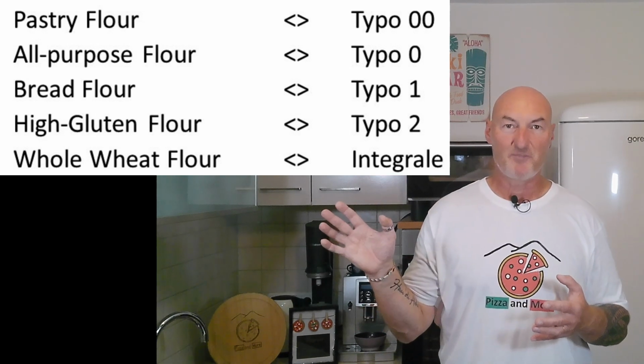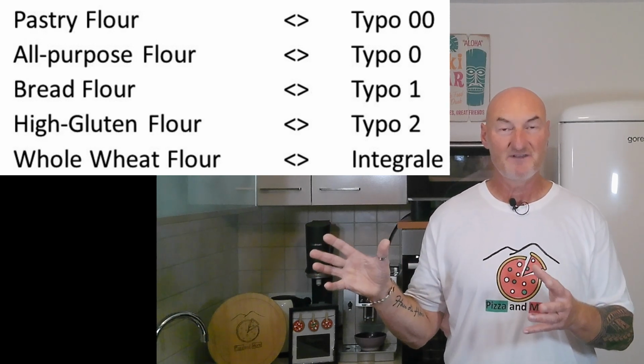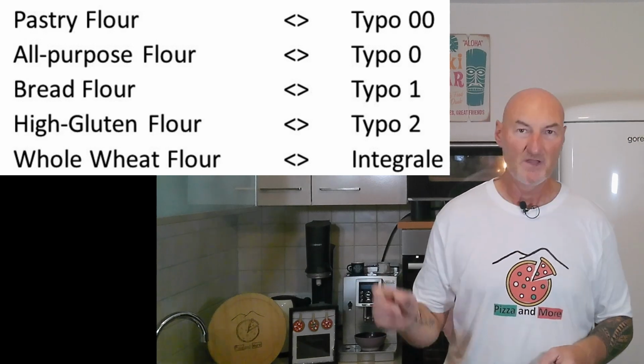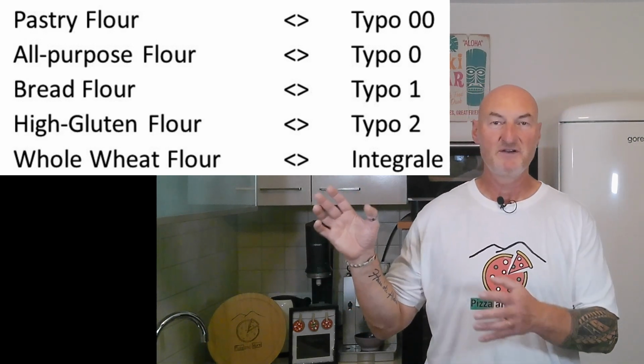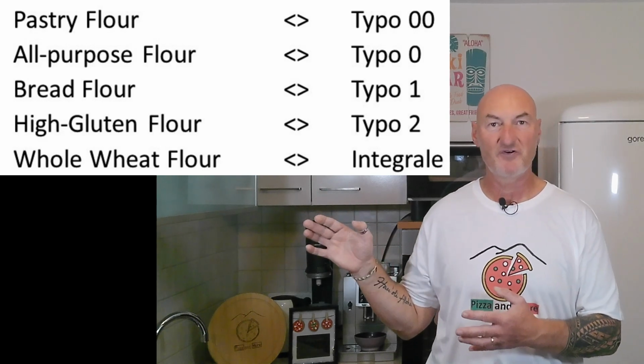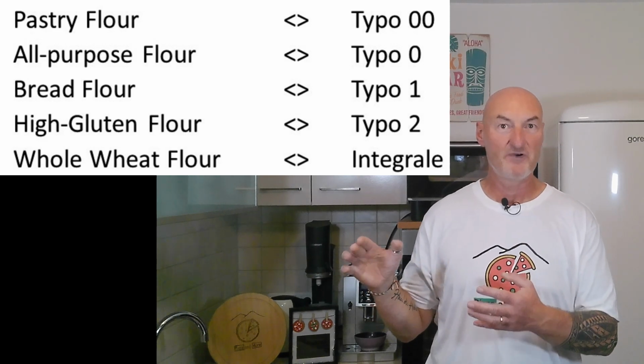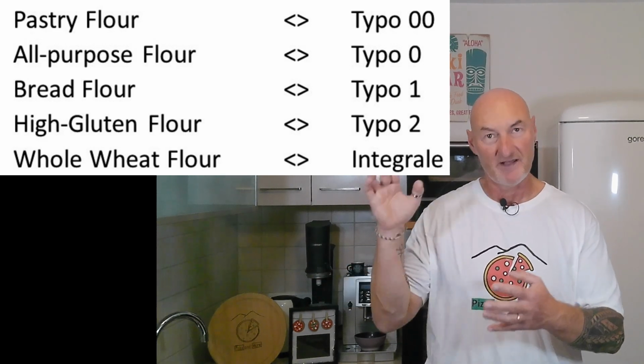The type of flour tells you how much mineral is in the flour. In Germany, we normally have numbers. The pastry flour, for example, is 405. The all-purpose flour is 550, and so on.